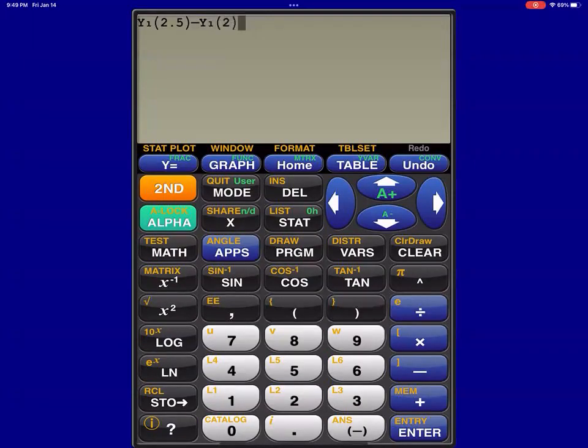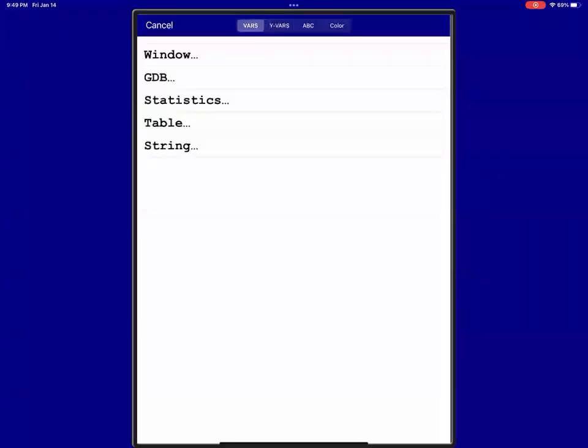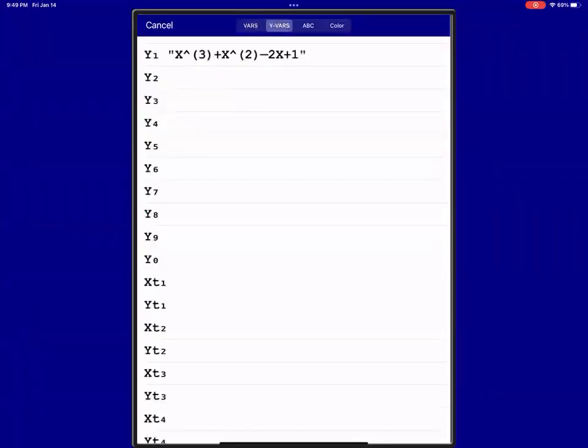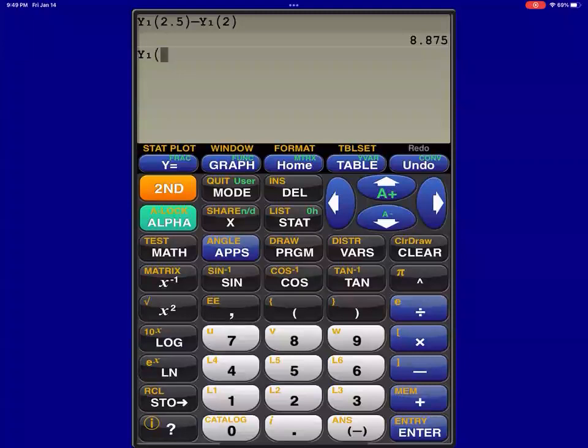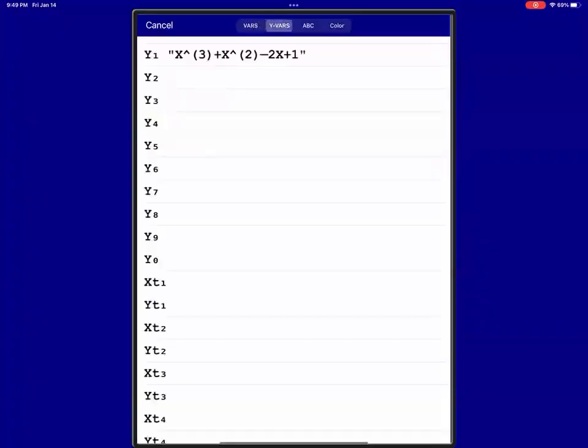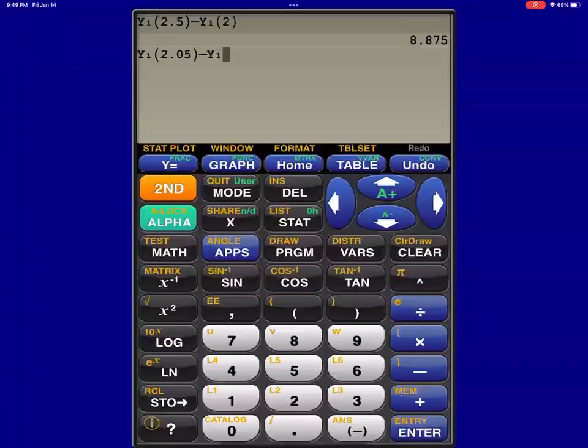Then I plug in 2.05 here. So I made a mistake there. So YVAR, Y1, then you need to put 2.05 in the parentheses, minus VAR, YVAR, Y1, then parenthesis 2, complete the parenthesis, hit enter. This is 0.717625. That is the value of delta y.